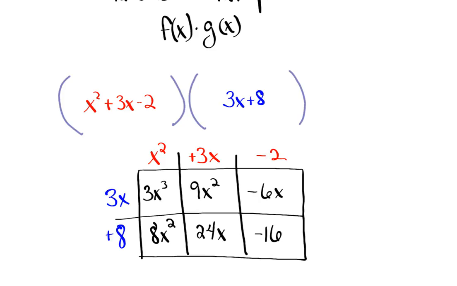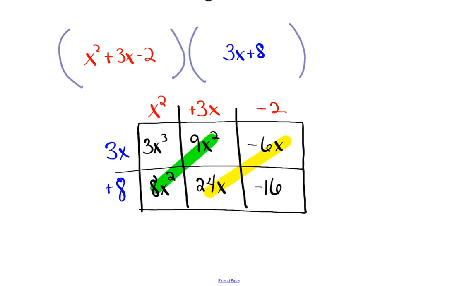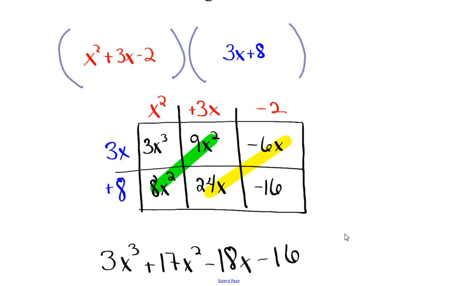I collect like terms. Now remember, if we're lucky, we have some like terms happening on the slant, and that's really handy. And so when I collect my like terms and I do my rewrite, I get 3x cubed plus 17x squared minus 18x minus 16.